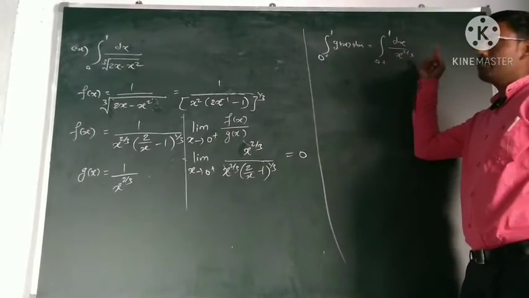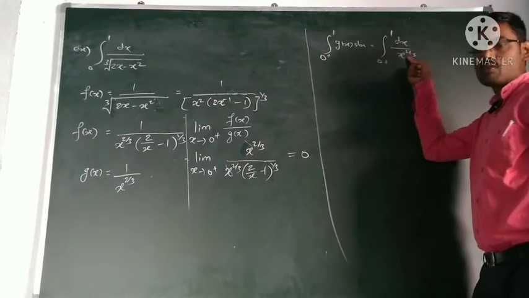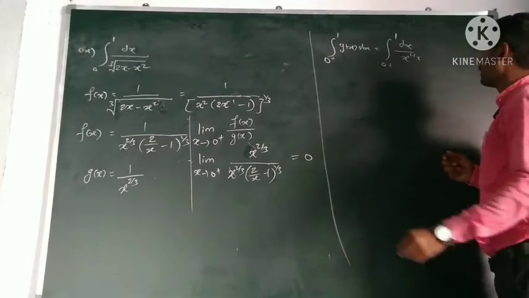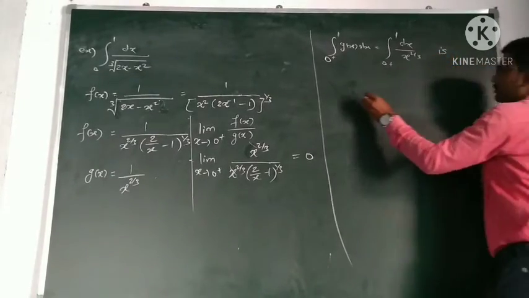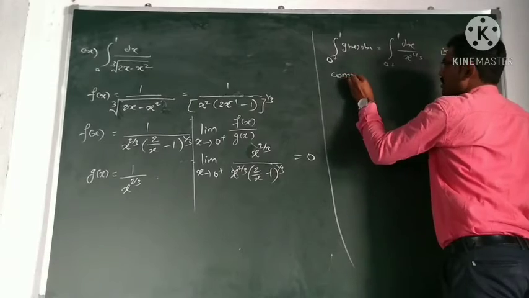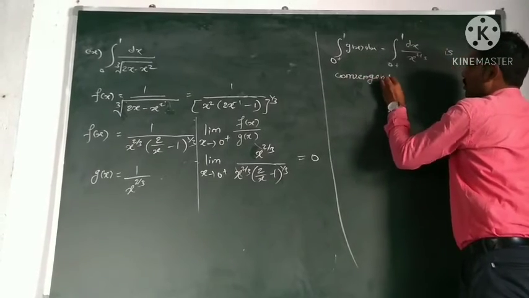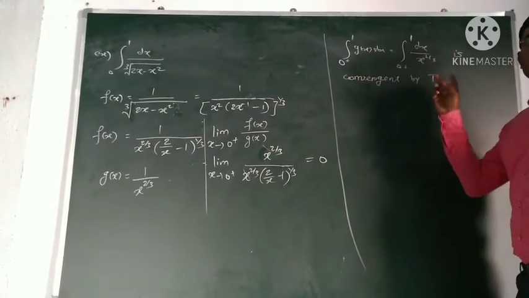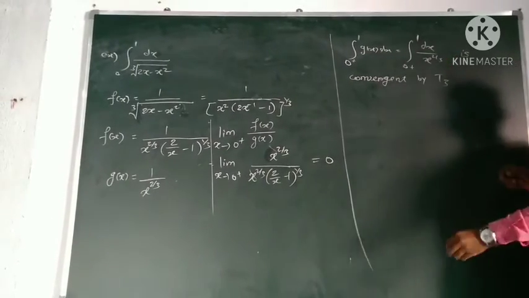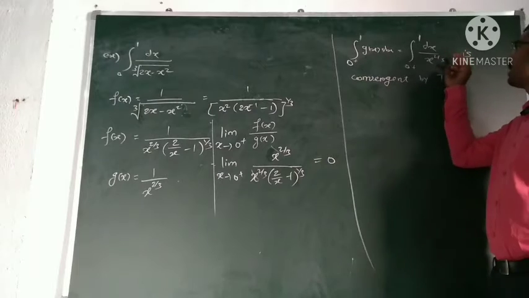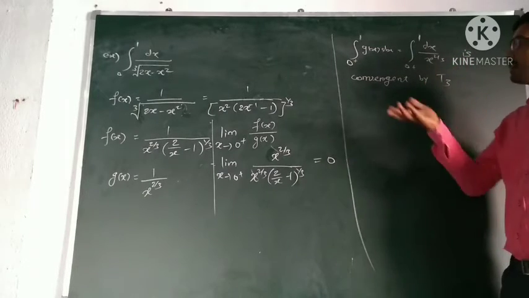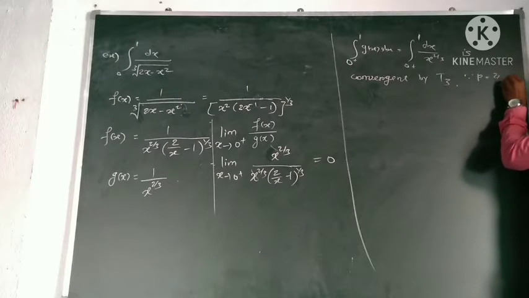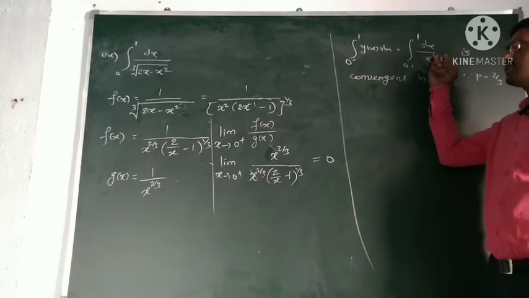Because in type B, the integral of dx upon x to the power p is convergent if p is less than 1, and here p is 2 by 3, which is less than 1. We have seen that the integral of dx upon x to the power p is convergent when p is less than 1 in case of type B, and here p is equal to 2 by 3, so this integral is convergent.